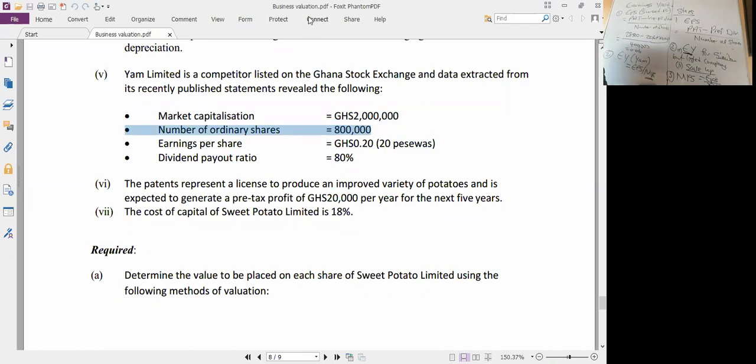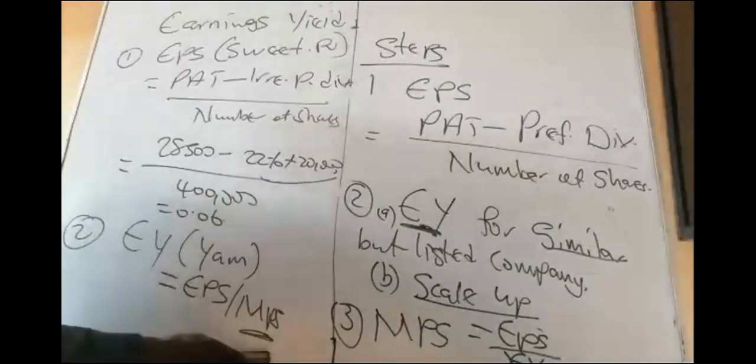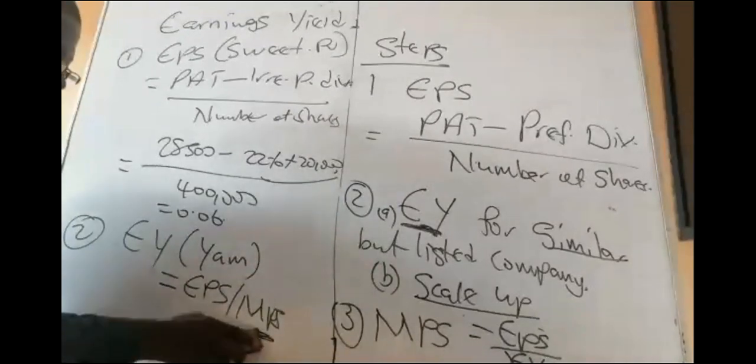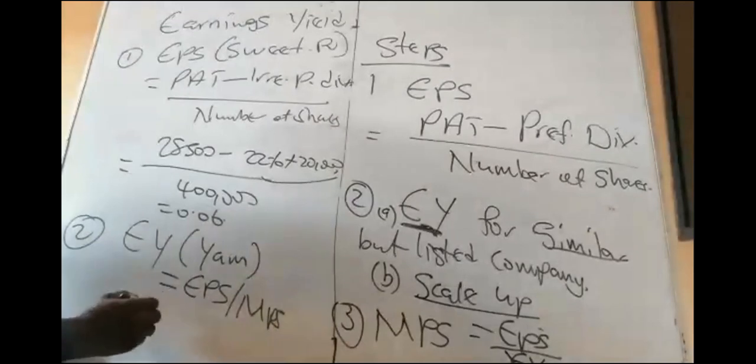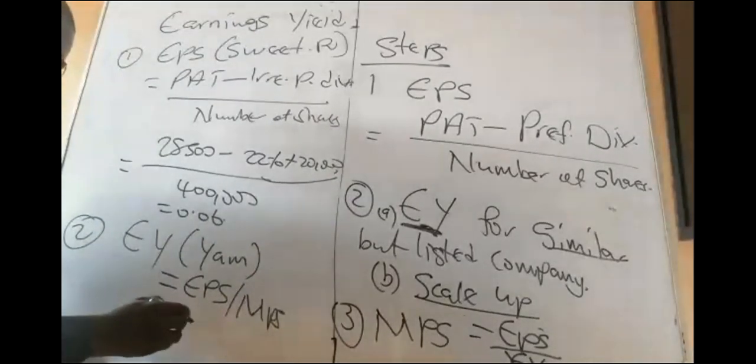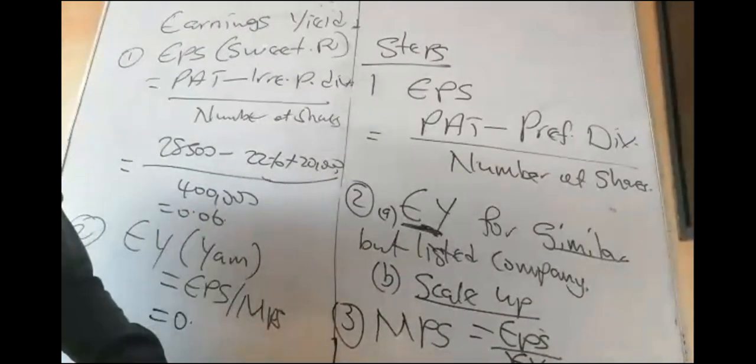Okay, so let's calculate the earnings yield. Now we're able to calculate it. Earnings per share here, I've done it for us already, 0.2.